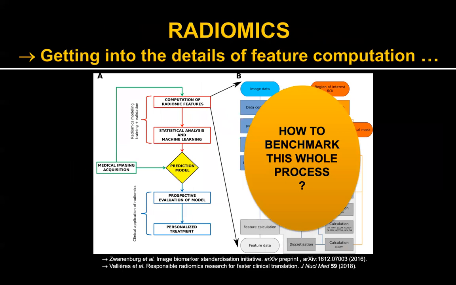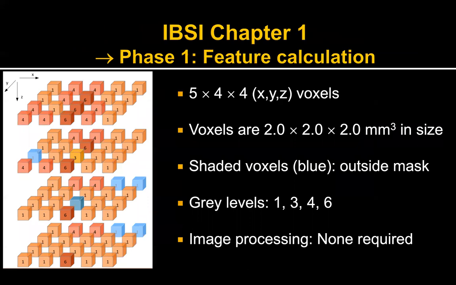Now that we've described all this, how did we manage to benchmark all this? Well, as I said, we first benchmarked just the feature calculations, without any image processing, using this small digital phantom where no image processing was required. Just 4 different gray levels in there and a very small phantom of 5 by 4 by 4 voxels.